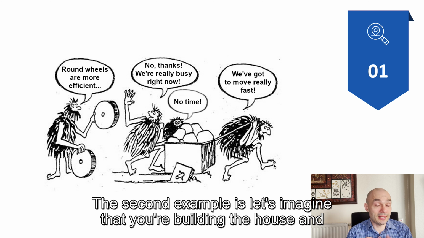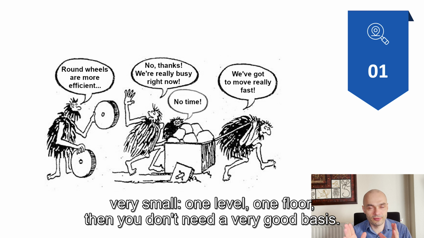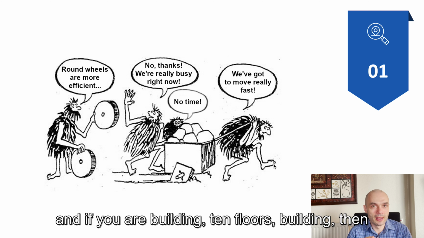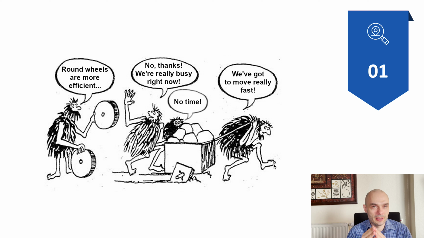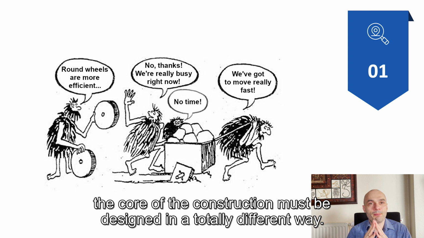The second example is, let's imagine that you are building a house. If you build something very small, one level, one floor, then you don't need a very good basis. And if you are building a 10 floors building, then everything in the ground, the whole architecture, the core of the construction must be designed in a totally different way.